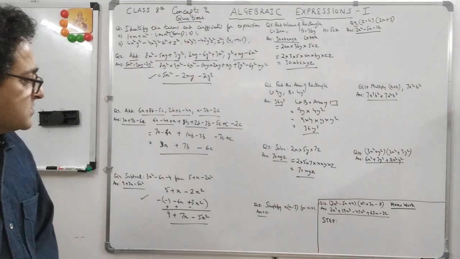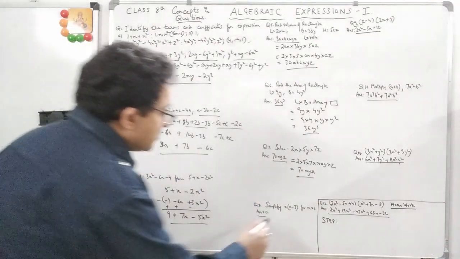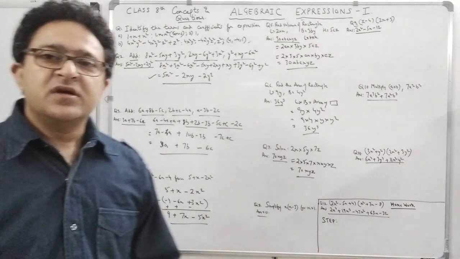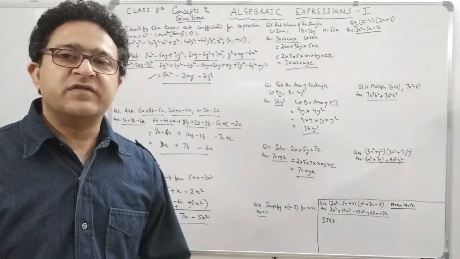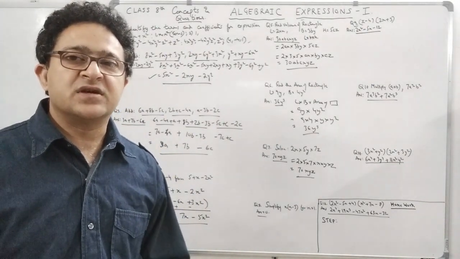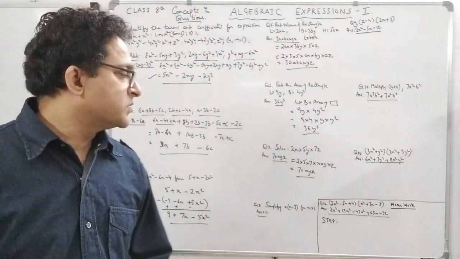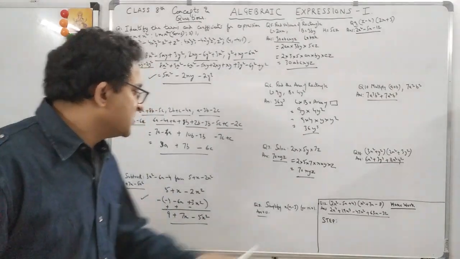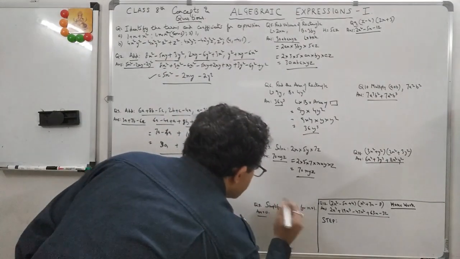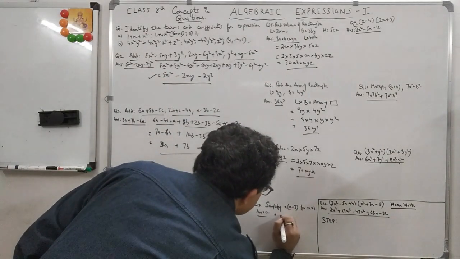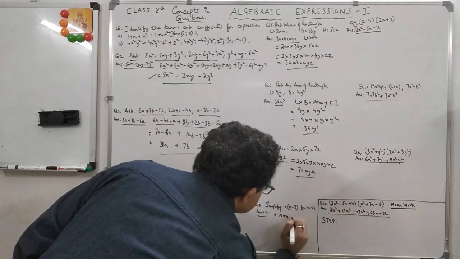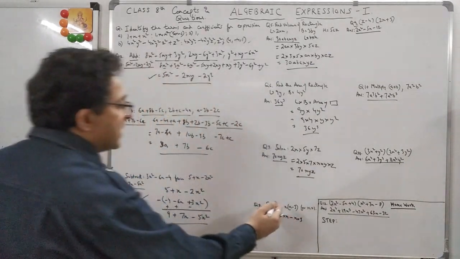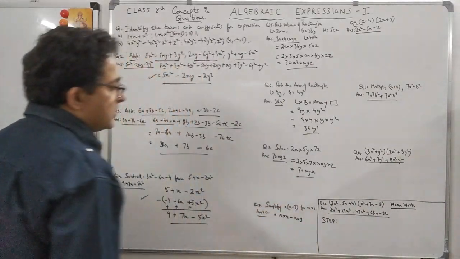The 8th question, simplify x into x minus 3. I told you the question of that distributive law, wherein I took one question in the previous concepts. Same thing, x equal to 1, solve this. So put the distributive law: this is equal to x into x minus x into 3. x will be multiplied by all the terms inside the bracket.